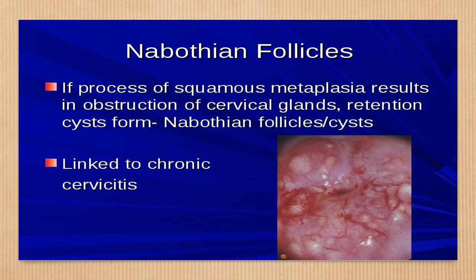So when they are covered by squamous metaplasia, there is obstruction of the glandular openings and retention of the cyst, from the nabothian follicles. It might be linked to chronic cervicitis.